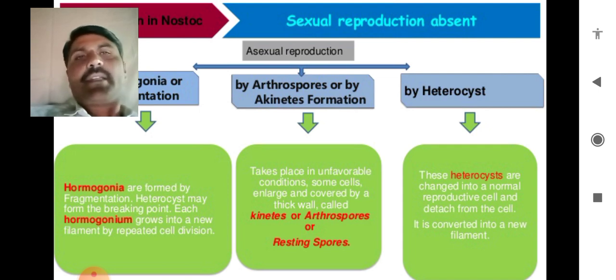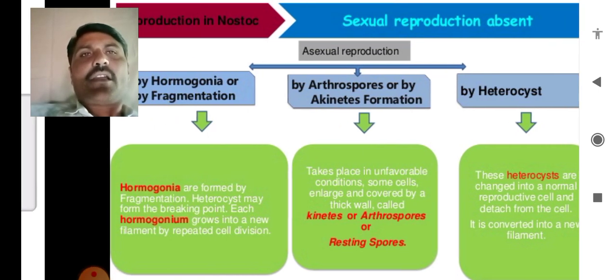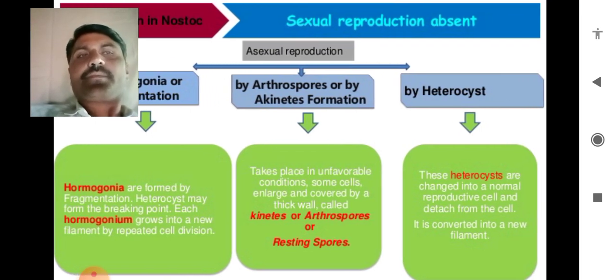Sexual reproduction is absent in the Nostoc, and asexual reproduction helps to form the next generation progeny.